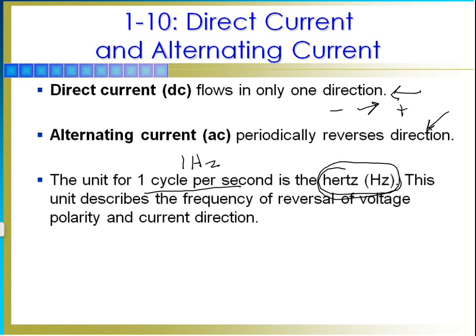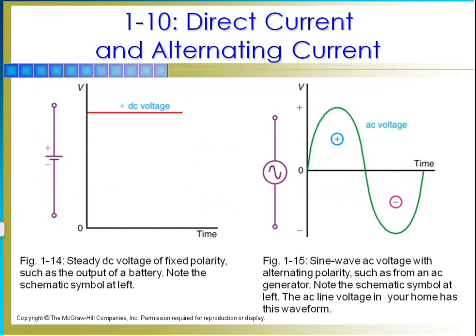And let's see if we got a picture on the next page. There we go. This is a complete cycle of AC right here. So this happens 60 times every second for American households. On aircraft, it happens 400 times per second. But this is 1 cycle of AC power. Over here we have DC.